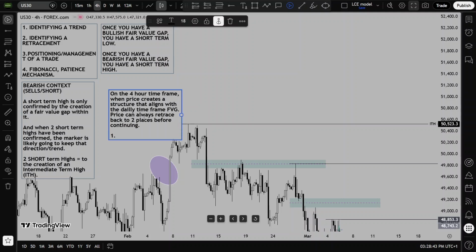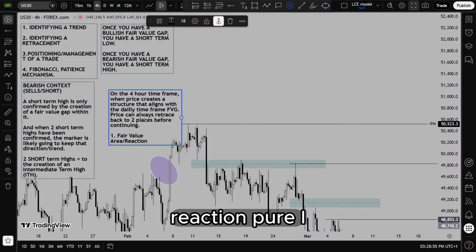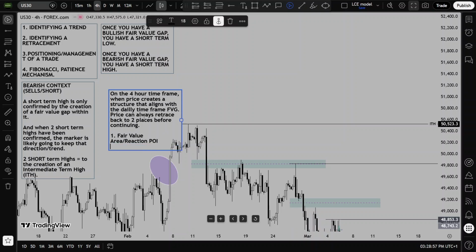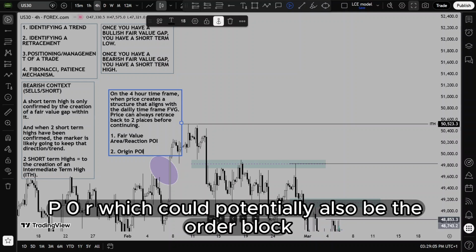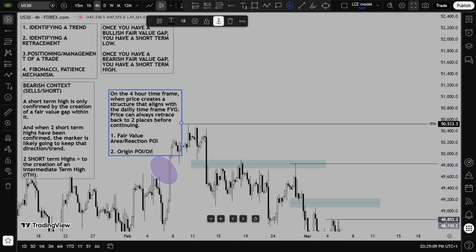Number one, fair value area, which is the reaction POI. Number two, origin POI, which could potentially also be the order block.